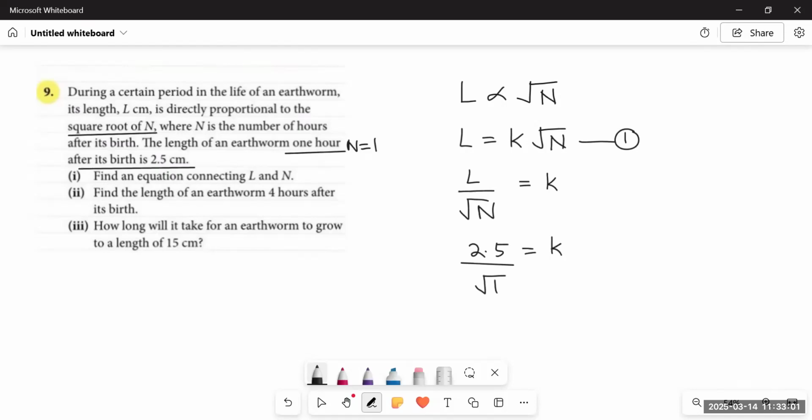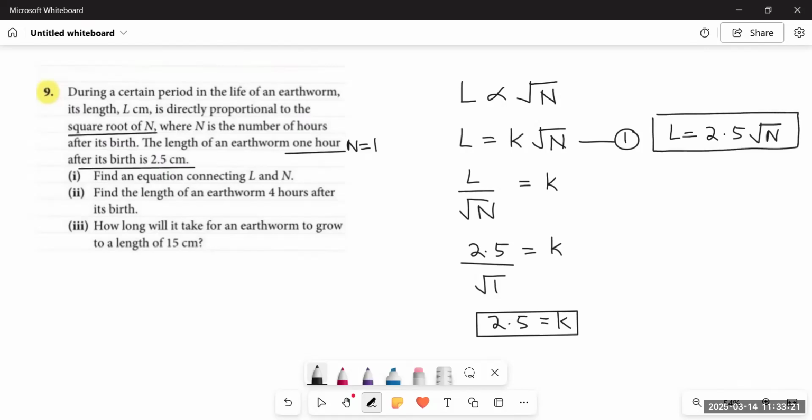So we are left with 2.5 is equal to K. This is the constant that we are going to use, and we substitute it in equation number 1. So it becomes L is equal to 2.5 under root N. This would be the answer to part 1, the equation that is connecting L and N.